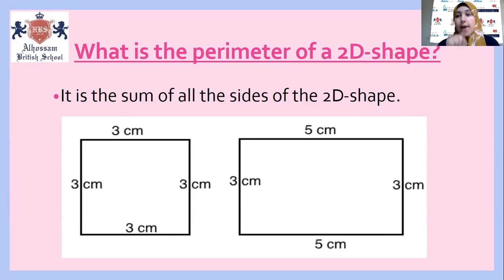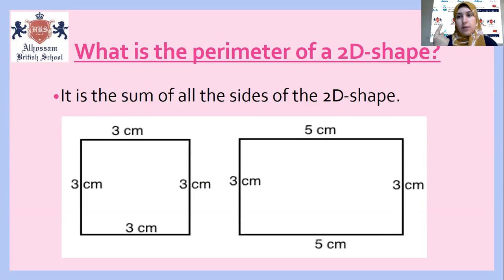You see it has different sides. It has 2 sides of 5 and 2 sides of 3. It's not repeated. So what am I going to do? 3 plus 5 plus 3 plus 5. I can say 3 plus 5 and I repeated what? Plus 3 plus 5.